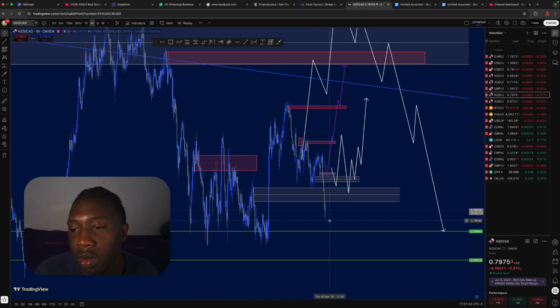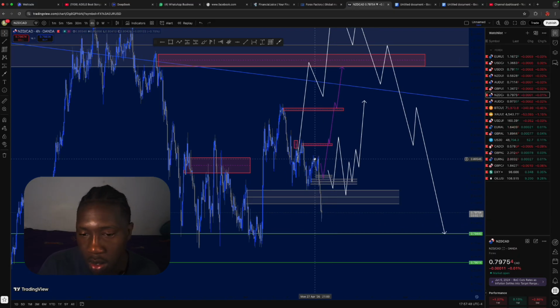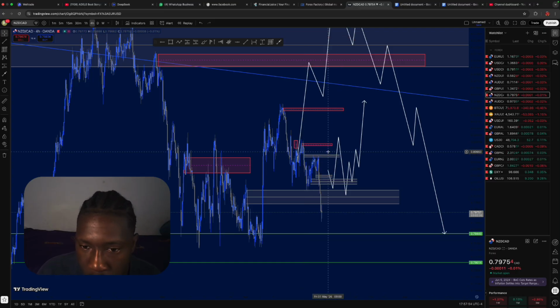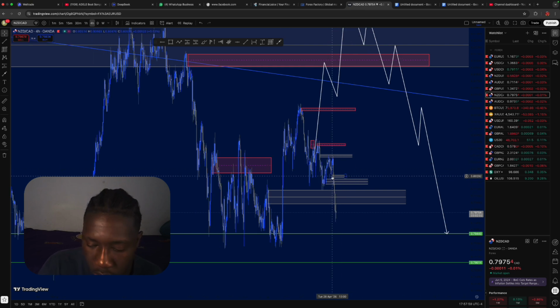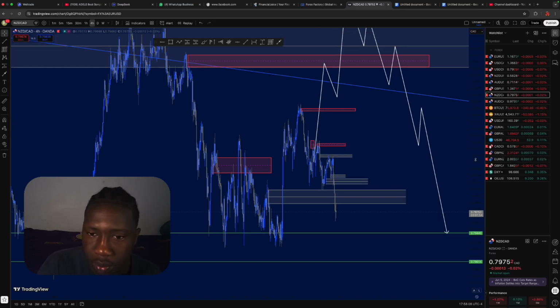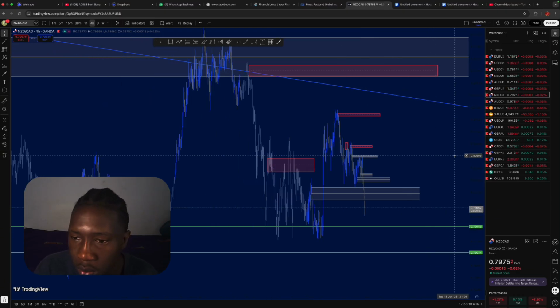So there was a very big downward movement, starting from these equal highs to the downside.